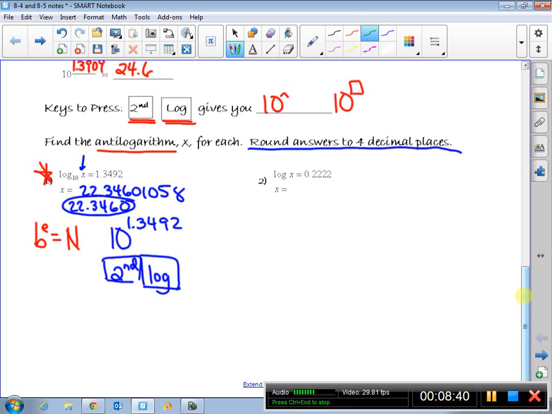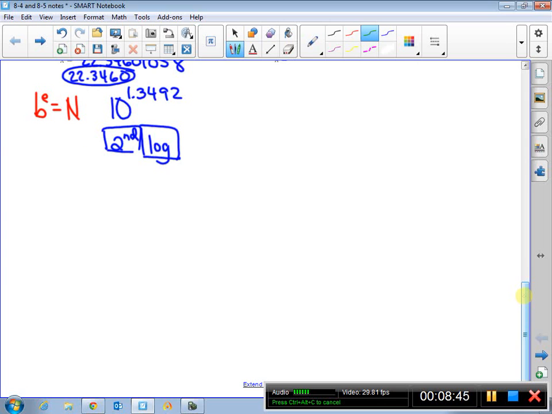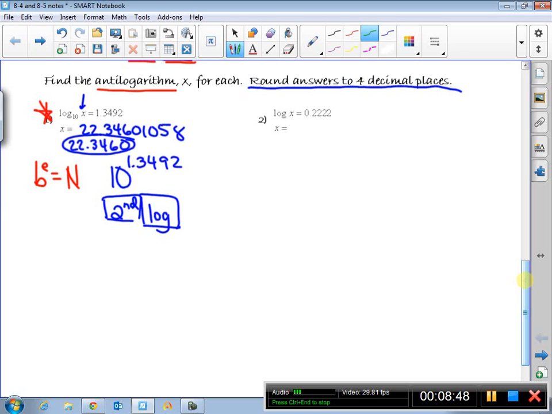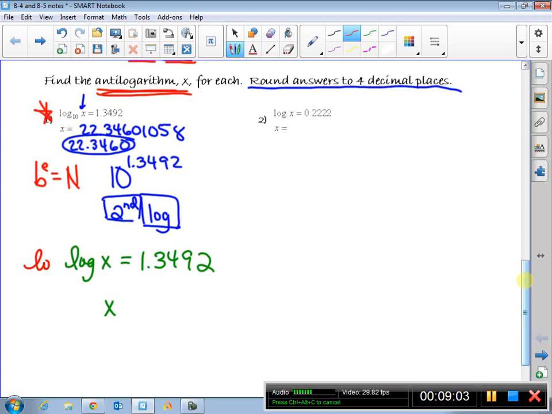Now, just as an aside, and this will help us down the line in trigonometry and in logarithms. If you have a question, log of x equals 1.3492, and you need to solve for x, the term anti-logarithm or inverse logarithm, we can write next to this log inverse. So a log inverse and a log undo each other. I'm just left with x.